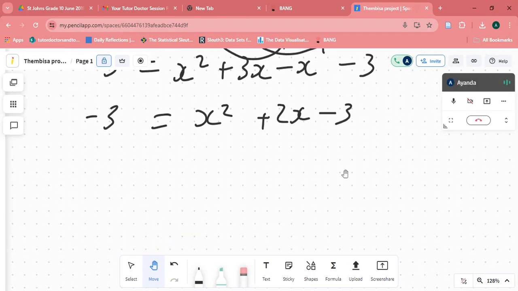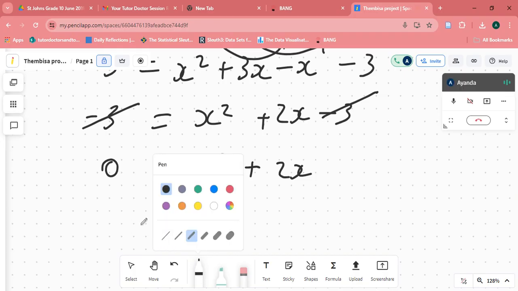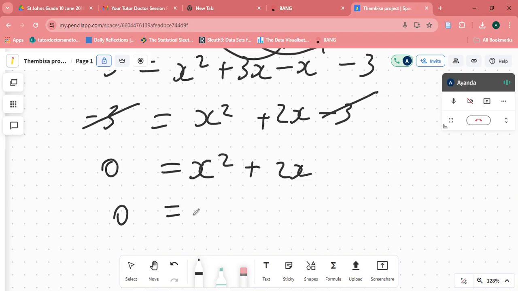If you bring everything to the right-hand side, set the left-hand side equal to 0, we'll be left with x squared plus 2x. Because by adding 3 on both sides, these 3's will cancel each other out. So 0 is equal to x squared plus 2x. If we can take out a common factor here, we'll have x times x plus 2.